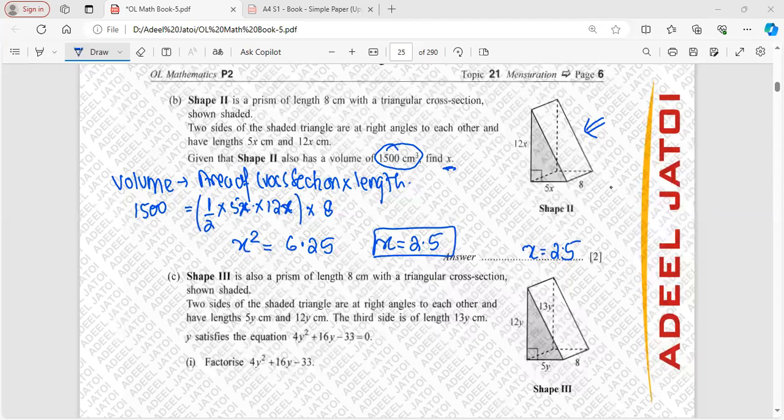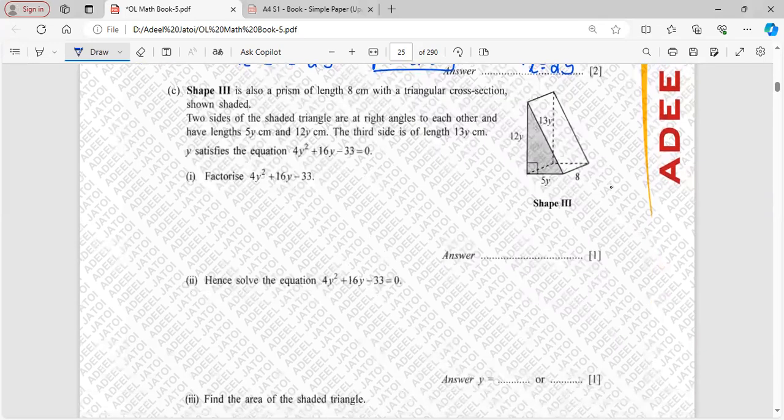Part C. Shape 3 is also a prism of length 8 with a triangular cross section shown shaded. Two sides of the shaded triangle are at right angle to each other and have lengths 5y and 12y.